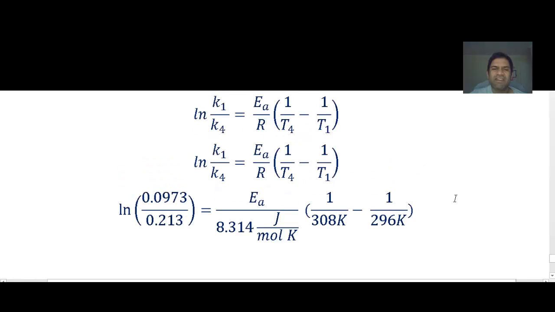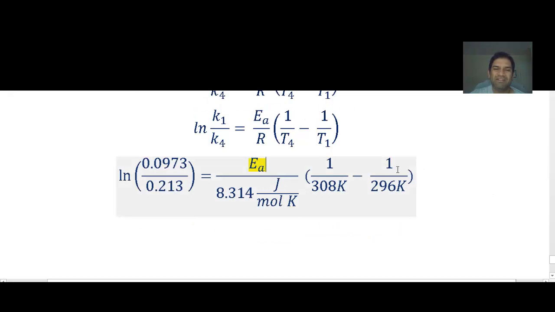Plugging everything in here, remember our goal is to isolate and solve for activation energy, so I'll highlight that in yellow. Let's do all of this math in our calculator. I'll calculate this subtraction, and I'll take that subtraction divided by 8.314, and then I should be able to isolate EA from here.